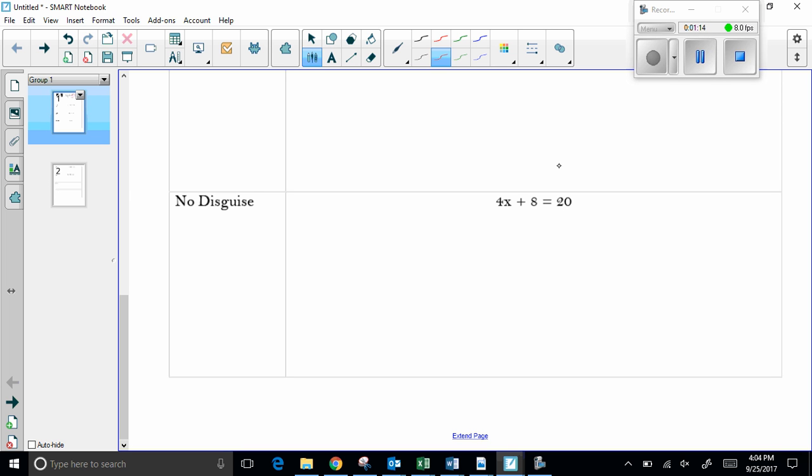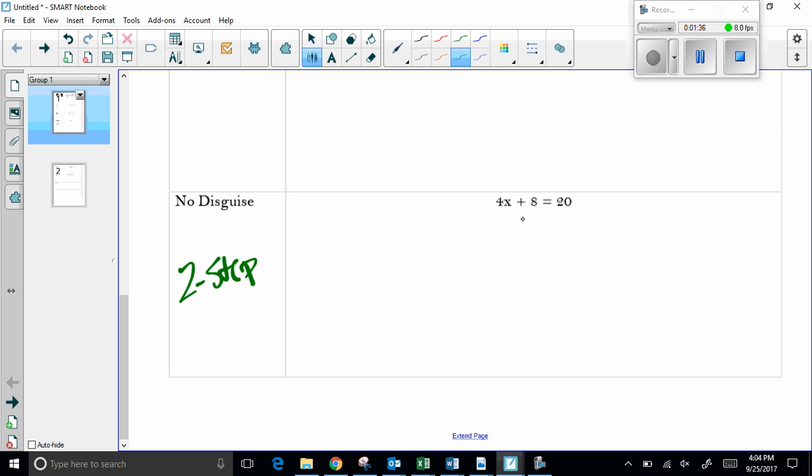The very first one is just a simple two-step equation. You guys know that in a two-step equation, there's usually two things happening to the variable. It's either getting increased or decreased by something, but it's also getting multiplied or divided by another number.